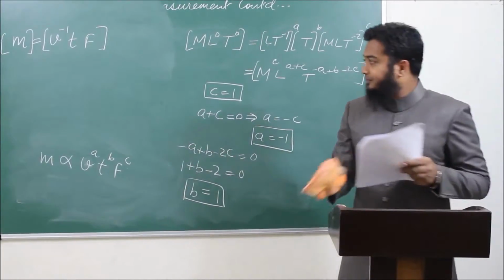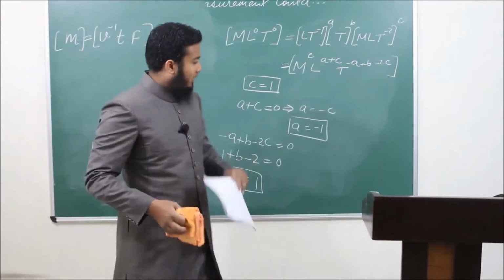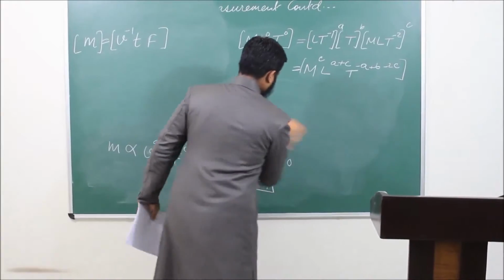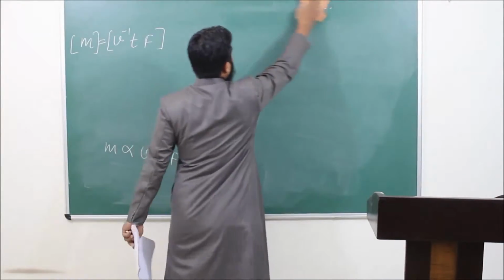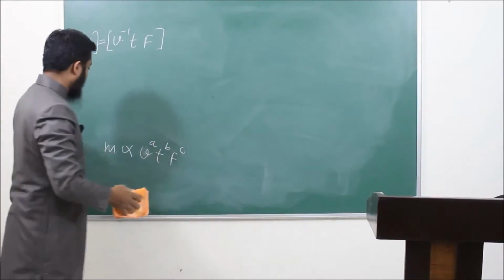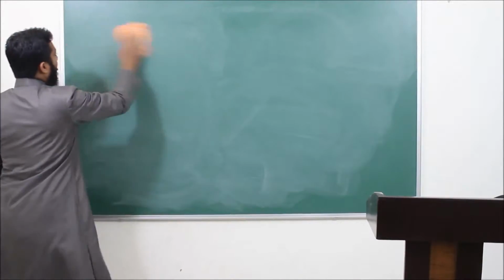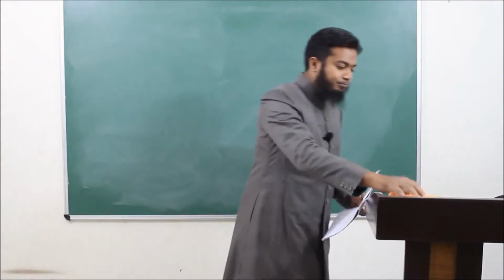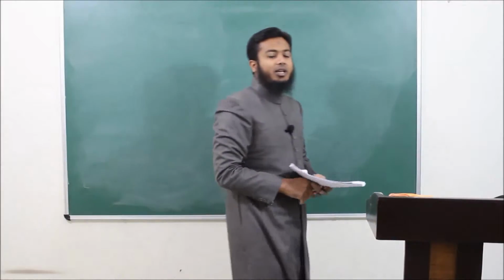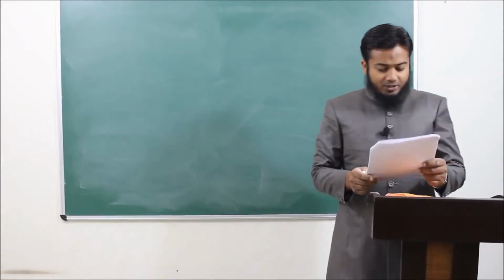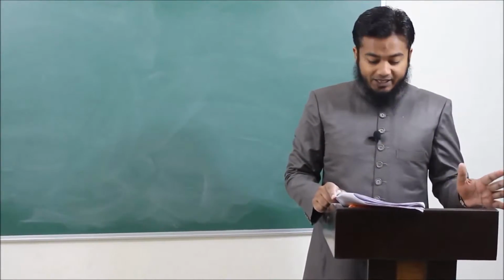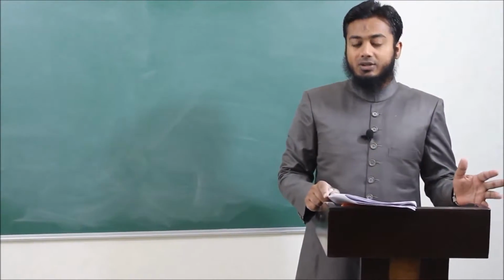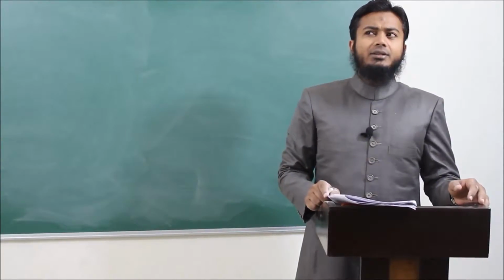Next, let's take one more example, and this example will have some interesting interpretation. Last time we calculated dimensional formula for Planck's constant small h, gravitational constant capital G, and speed of light.